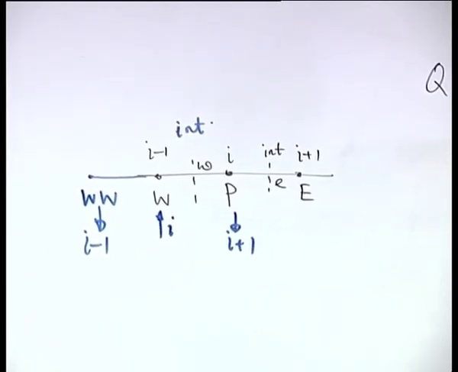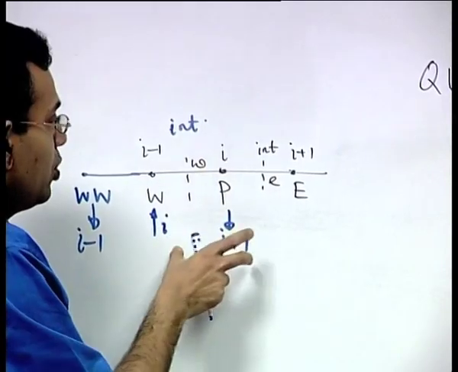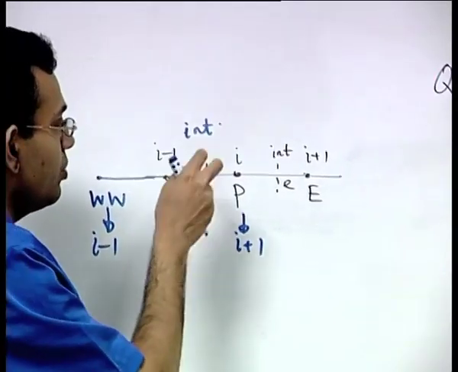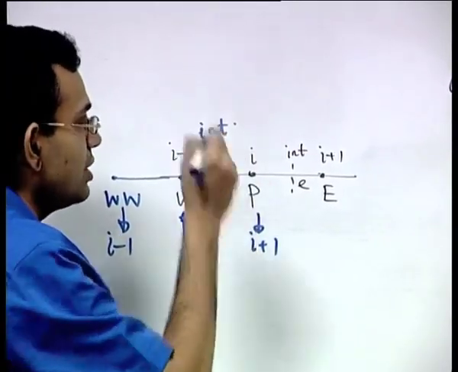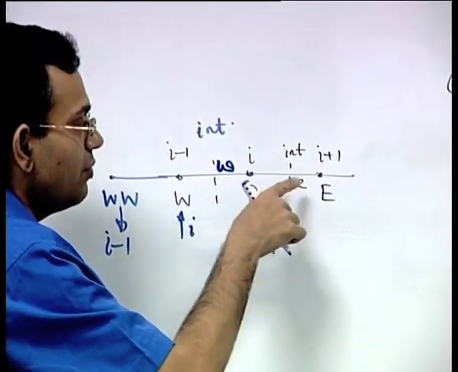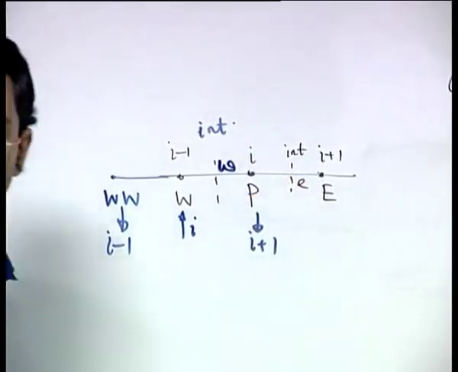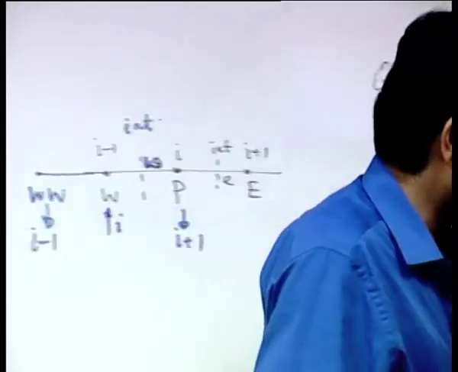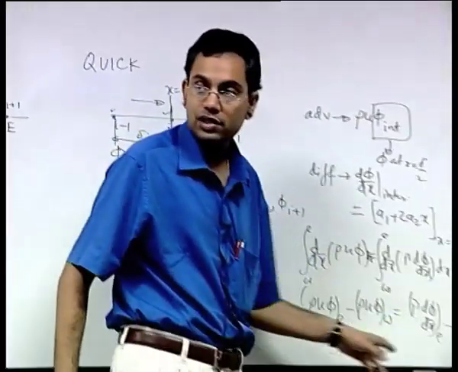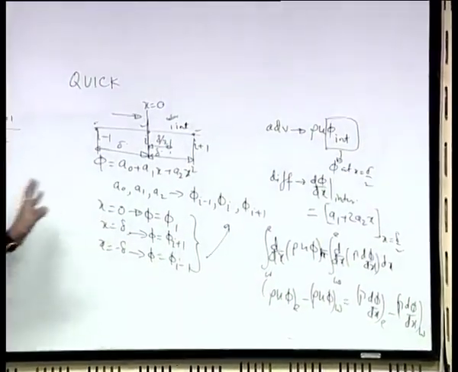So it depends on what is the interface. With the blue color I have represented the situation where small w is the interface, and with the black color a situation where small e is the interface. So these two interfacial conditions you require for evaluating these terms, and then you can assemble.